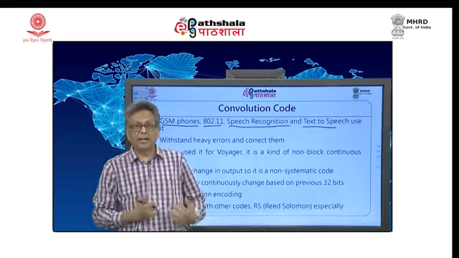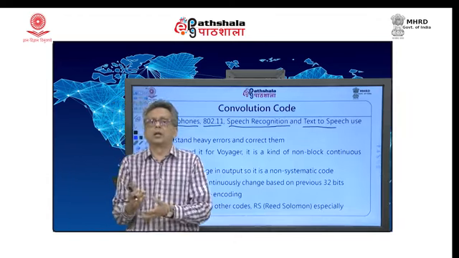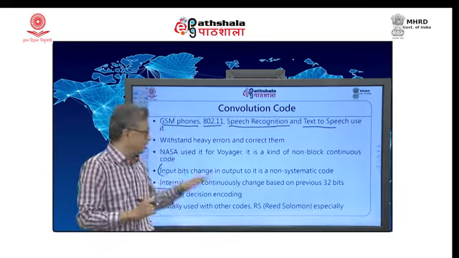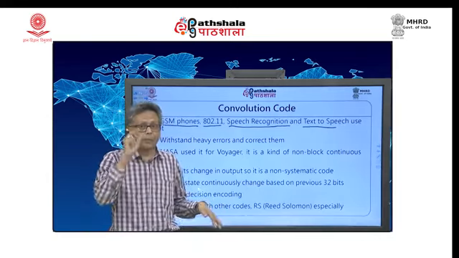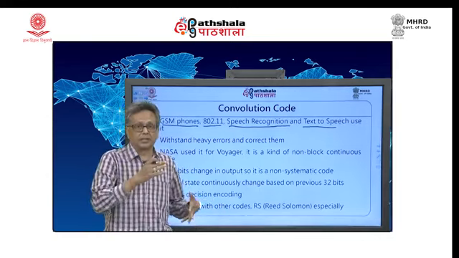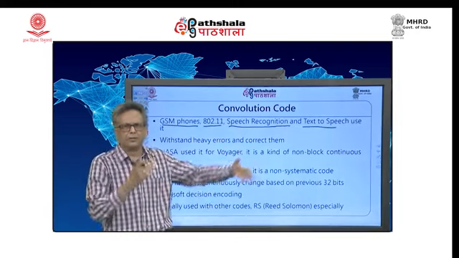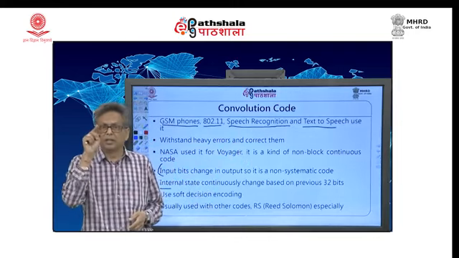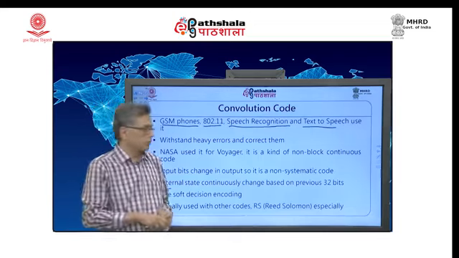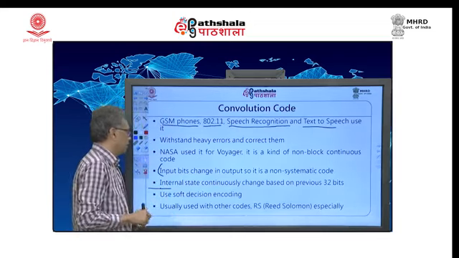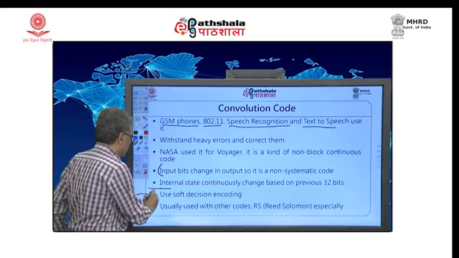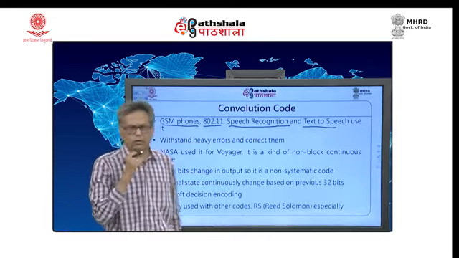So, the context makes a very critical difference to the recognition process. The same thing happens here. The input plus the context, in this case the last 32 bits, determine the value of an output bit. Okay. So, that is what is precisely done here, and it also does something which is called soft decision encoding.